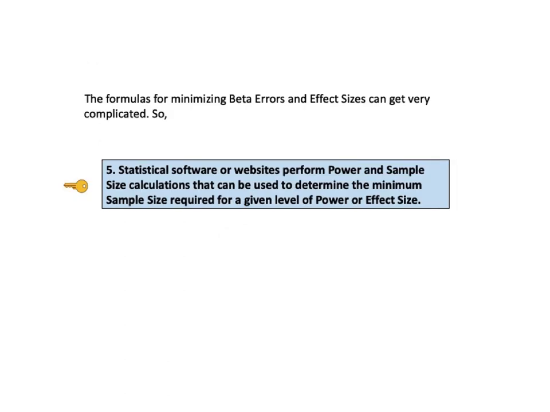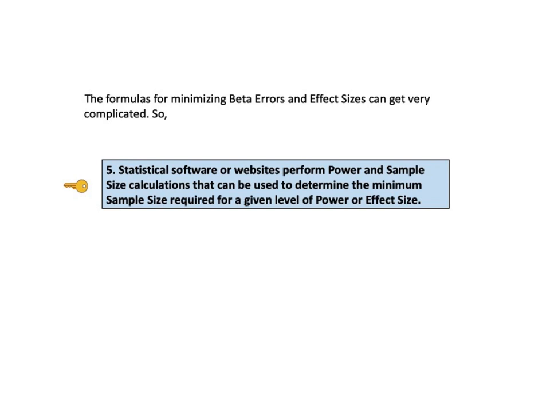KTU number 5 says statistical software or websites perform power and sample size calculations that can be used to determine the minimum sample size required for a given level of power or effect size. We said earlier that if all you're interested in is avoiding alpha errors, then you can use some simple formulas for minimum sample size.